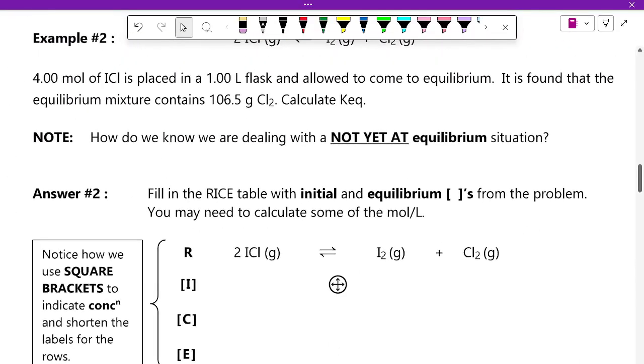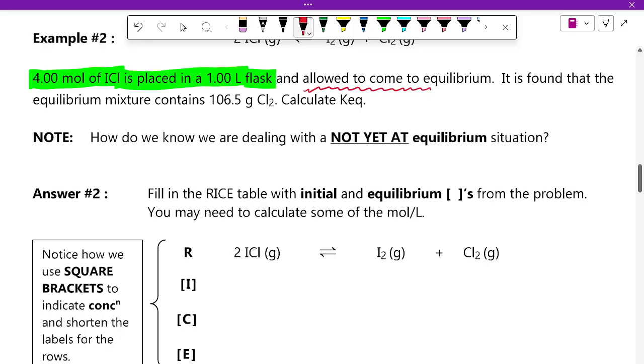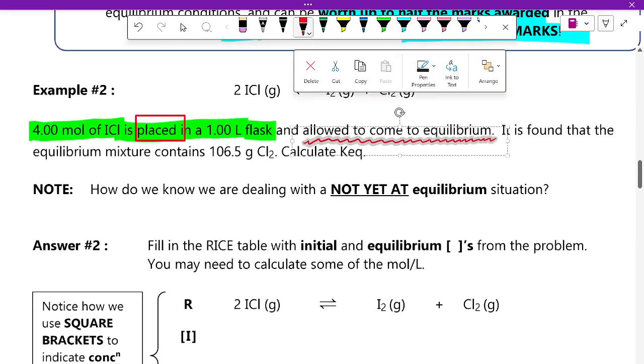Okay, we now have 4 moles of ICl placed in a 1 liter flask and allowed to come to equilibrium. Anytime you have something that is placed in a flask, that means those are your initial.